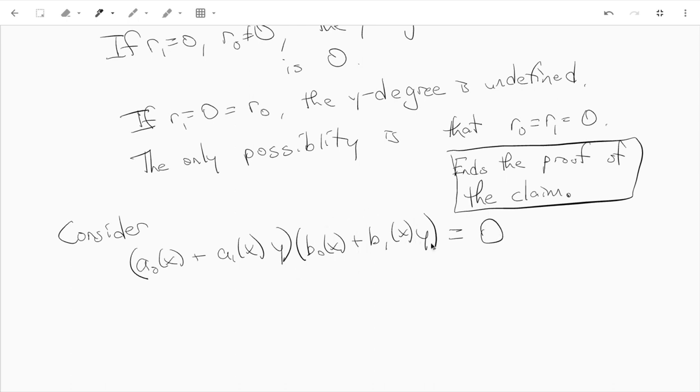Multiply everything out, replace y squared by 1 minus x squared, and go from there. The goal is to prove that either b0 equals b1 equals 0, or a0 equals a1 equals 0. There are cases and things like that, but one of the key parts is that every element of R mod I has a unique expression like this.